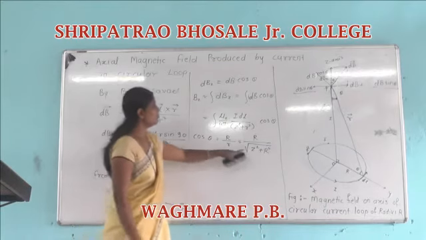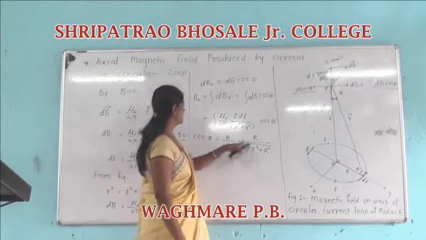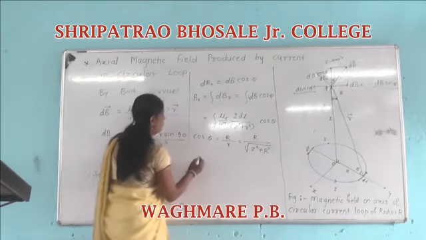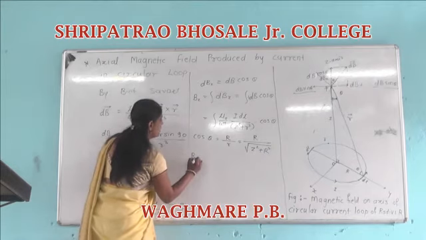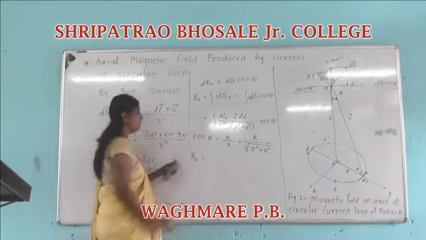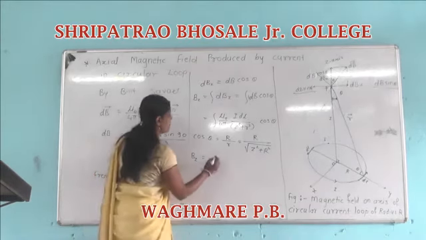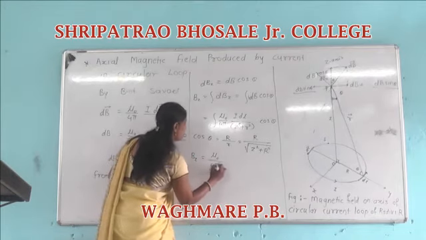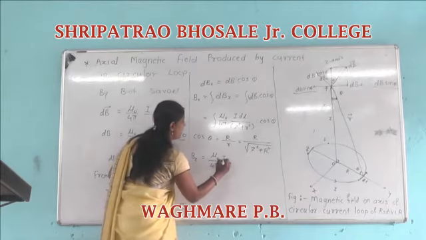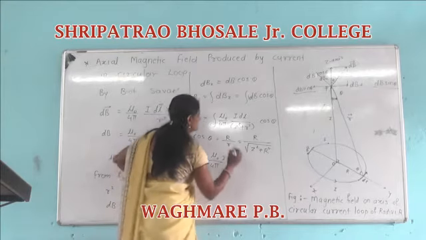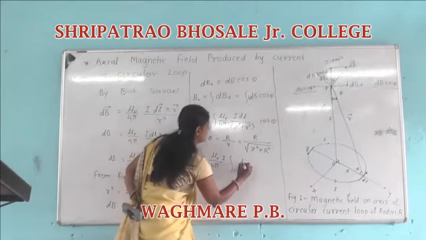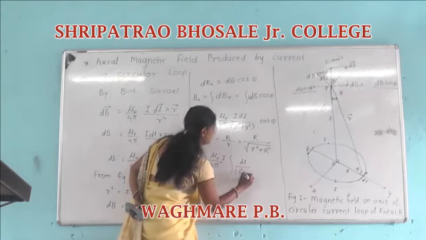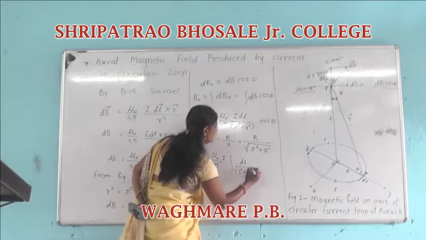Now we can put the value of cos theta in this equation. Therefore, we will get the magnetic field along the z axis is equal to mu naught upon 4 pi I out of the integration, then dl upon z square plus R square.